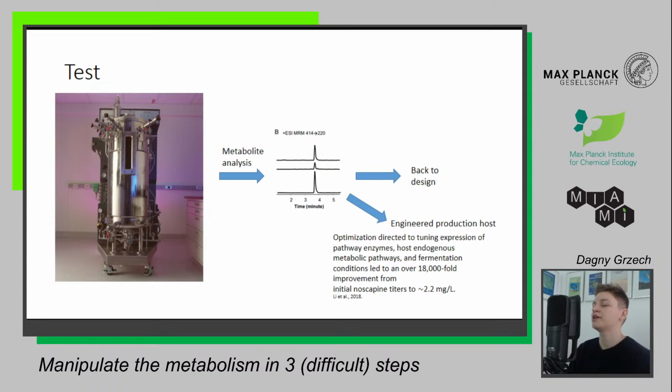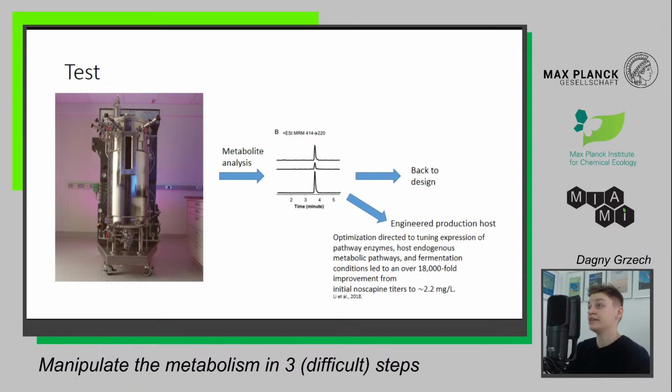And then when you have your results, there are two things you can do. If you are not happy with your results, then you go back to design and you repeat the whole cycle and see if you can improve your design, see if you can improve your yields.